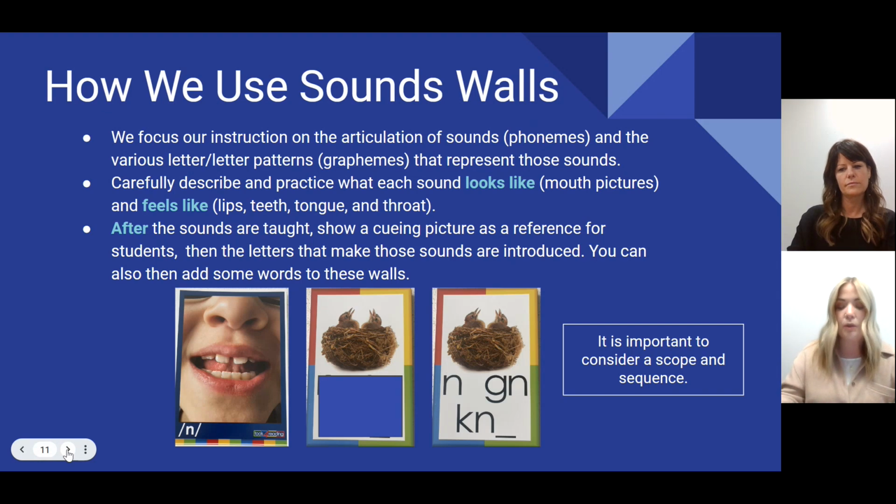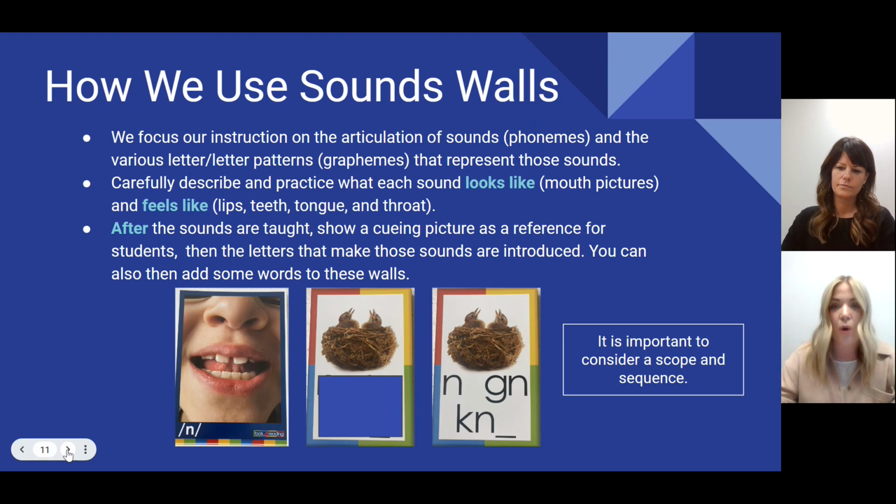And so when we listen to the phonemes in a word, we can use a sound wall to identify the different ways to spell the sounds. And Erin mentioned already the word not or no. Our students are going to go to a sound wall and they'll find that sound, and then underneath that they'll have the various letter pairs.